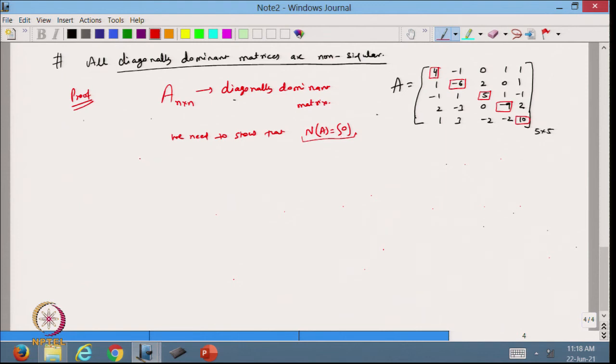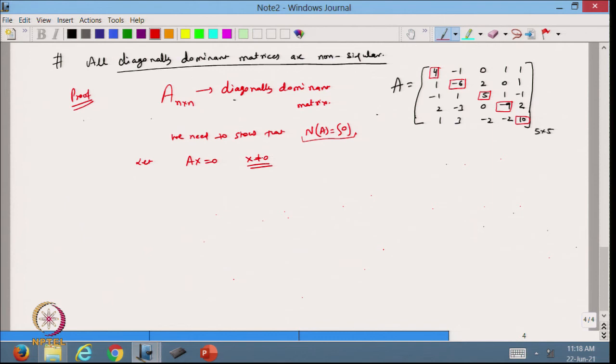So, let Ax equal to 0 such that x is not equal to 0. So, I am taking the homogeneous system Ax equal to 0, assuming that x is not equal to 0.